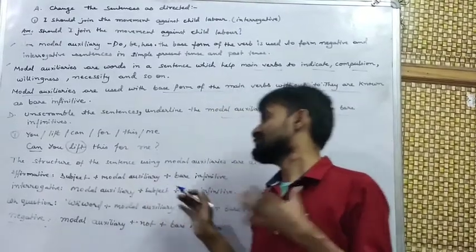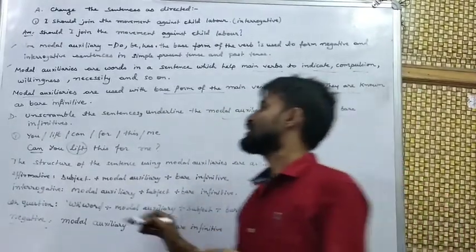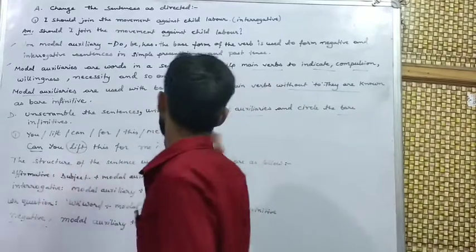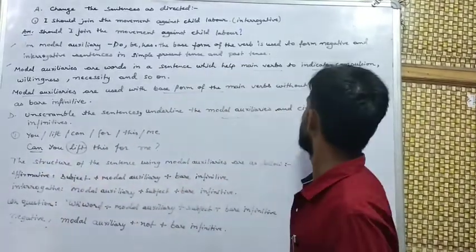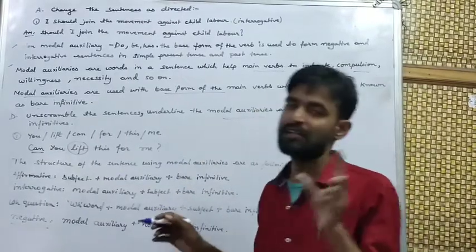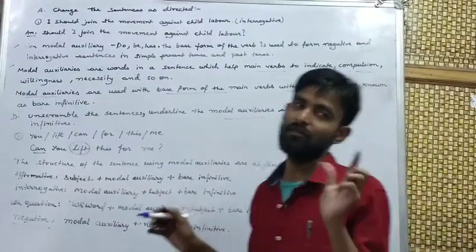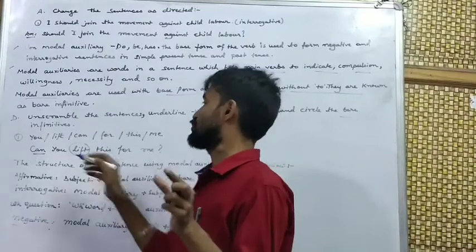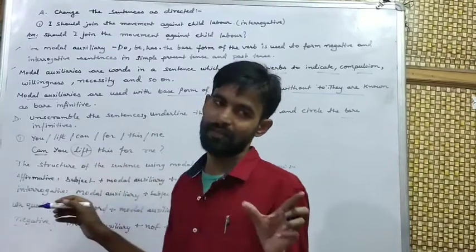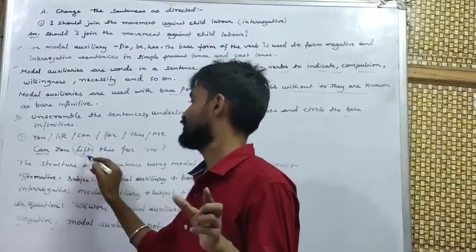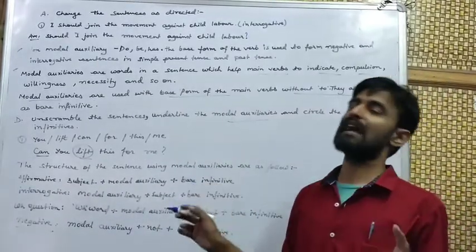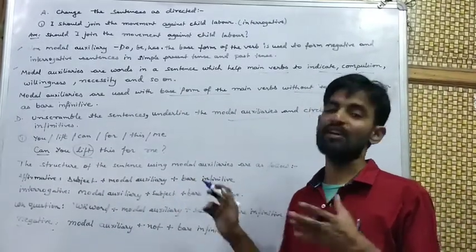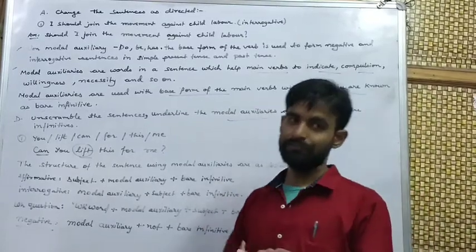Here, can is a modal auxiliary, so I have underlined it. And circle the bare infinitive. Infinitive means the verb without to. "To lift" is not given here. It is simply lift. Lift is a verb, so I circled it because it is working as a bare infinitive.